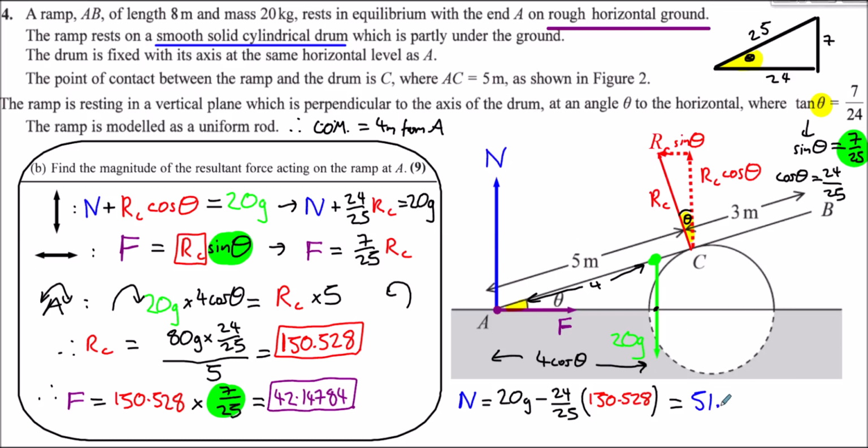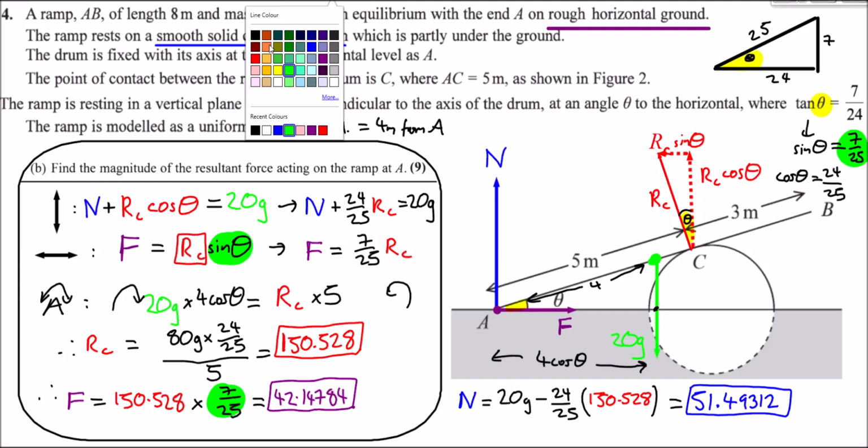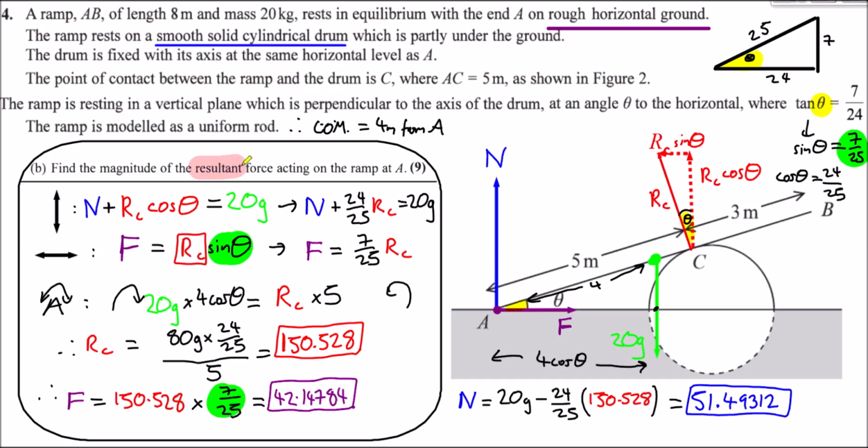So now it's just a case of seeing how this all fits together. 51.49312. So the magnitude of the resultant force acting on A is going to be a combination of N and F. And so N plus F will give you the resultant force.